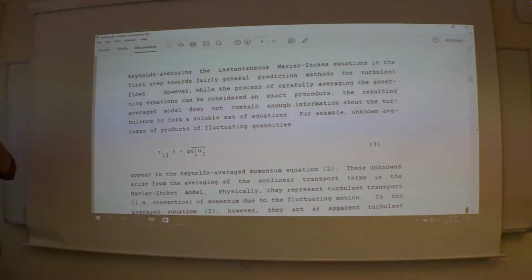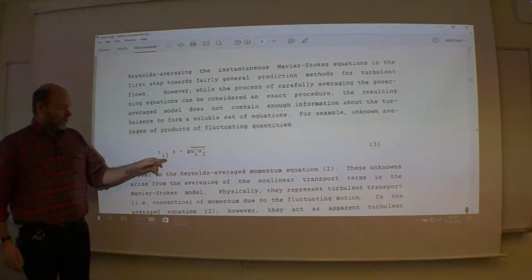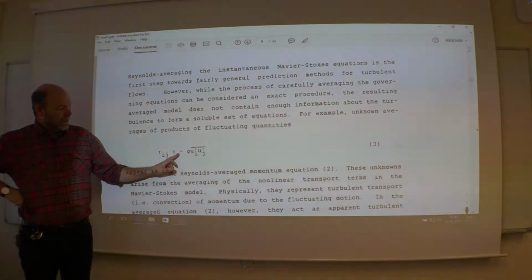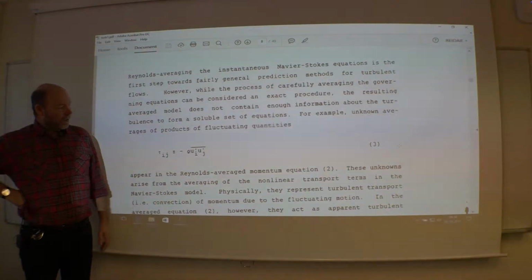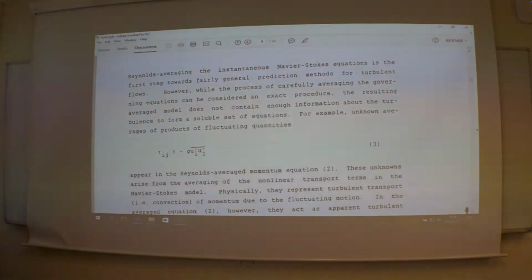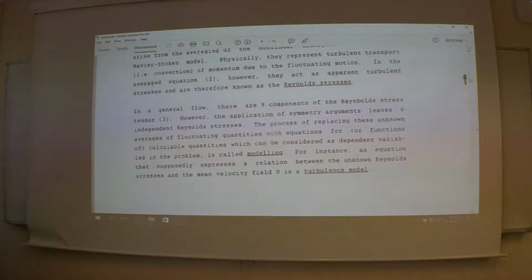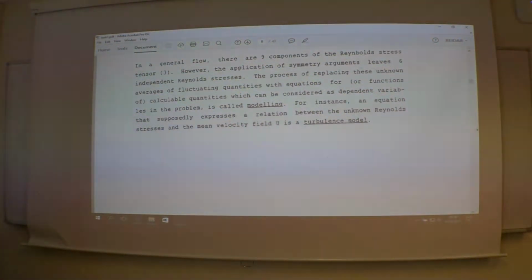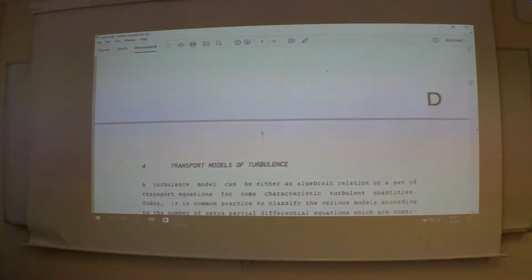So we say the Reynolds stresses, then we just define it as the negative of these time average fluctuating velocities. And how to describe it, as I said, that's the job for a turbulence model.